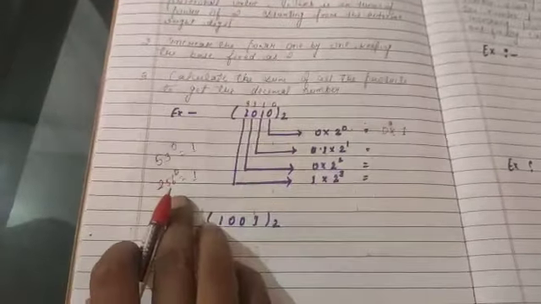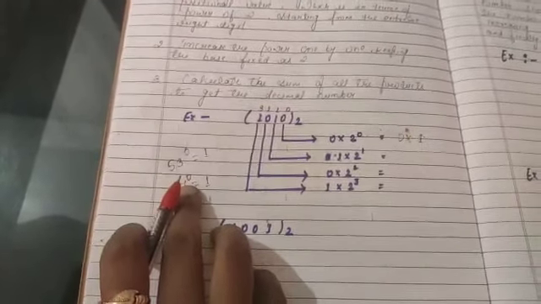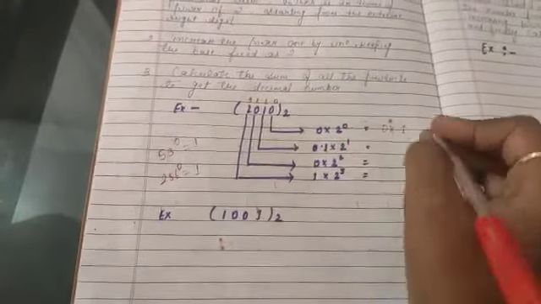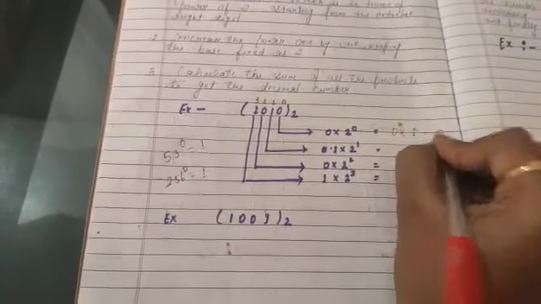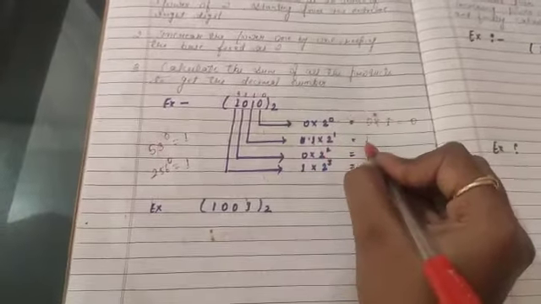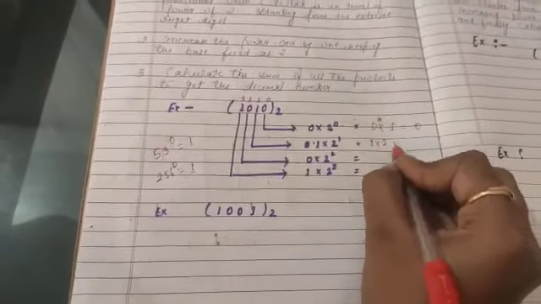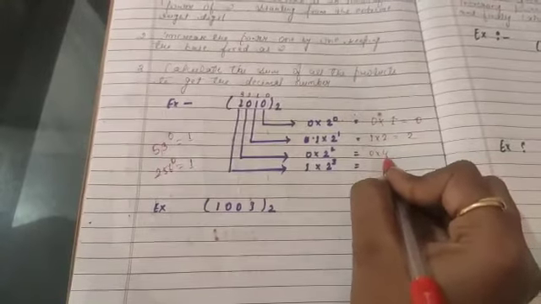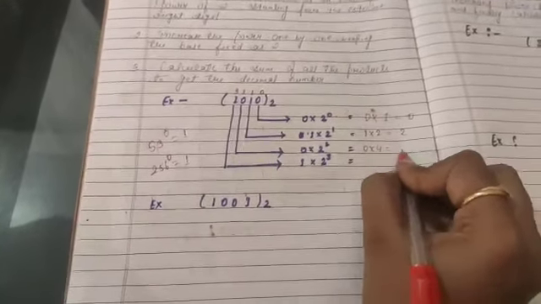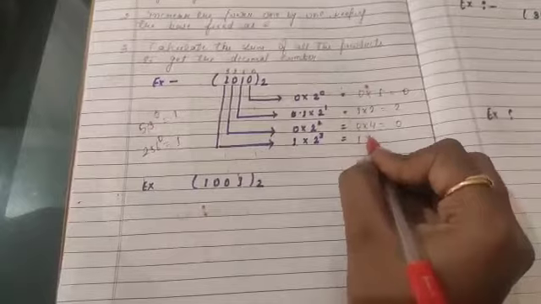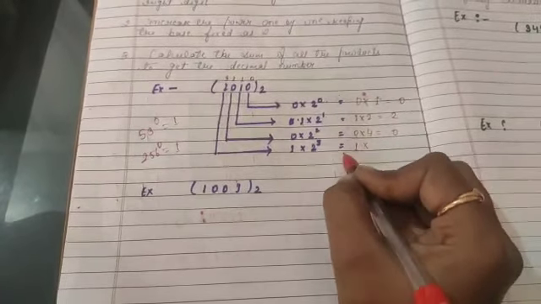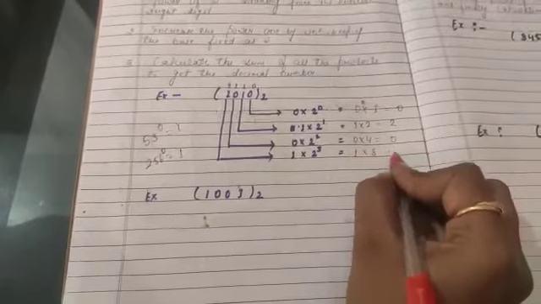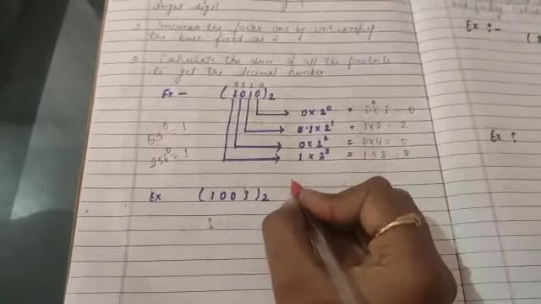For example, 53 to the power 0, the value will be 1; 256 to the power 0, the value will be 1. So if any digit has power 0, then the value will be 1, and multiplying anything with 0, the value will be 0. 1 into 2 to the power 1 is 2. 0 into 2 to the power 2 is 0. 1 into 2 to the power 3: 2 twos are 4, 4 twos are 8, so 1 into 8 is 8.